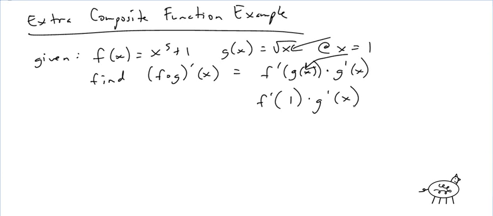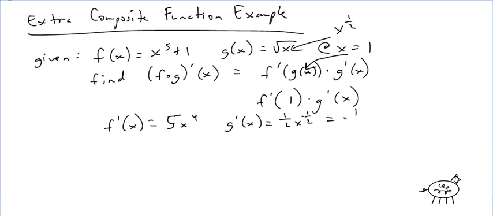Okay, so I want to take the derivative, so f prime of x is equal to 5x to the fourth, and g prime of x equals, right, this is x to the 1/2, so it's 1/2 x to the negative 1/2.